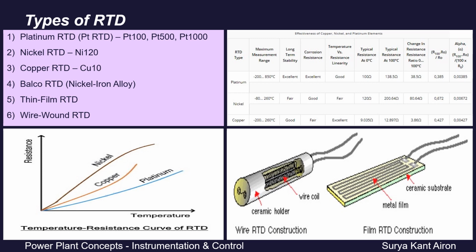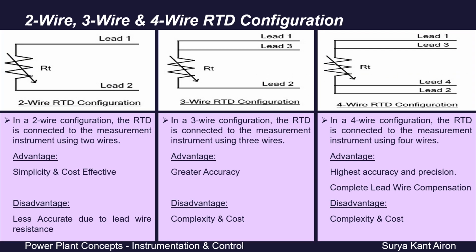Now coming to 2-wire, 3-wire, and 4-wire RTD configuration. Friends, we know the distance between the RTD and the measuring circuit becomes an issue because of the introduction of the lead wire resistance. An increase in the resistance will produce an incorrect temperature inference.